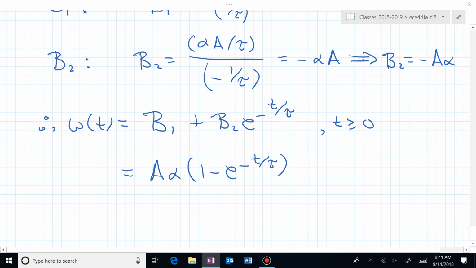And that's now our parameterized expression for this first order system in terms of an input amplitude of A, a DC gain of alpha, and a time constant of tau of a first order system.